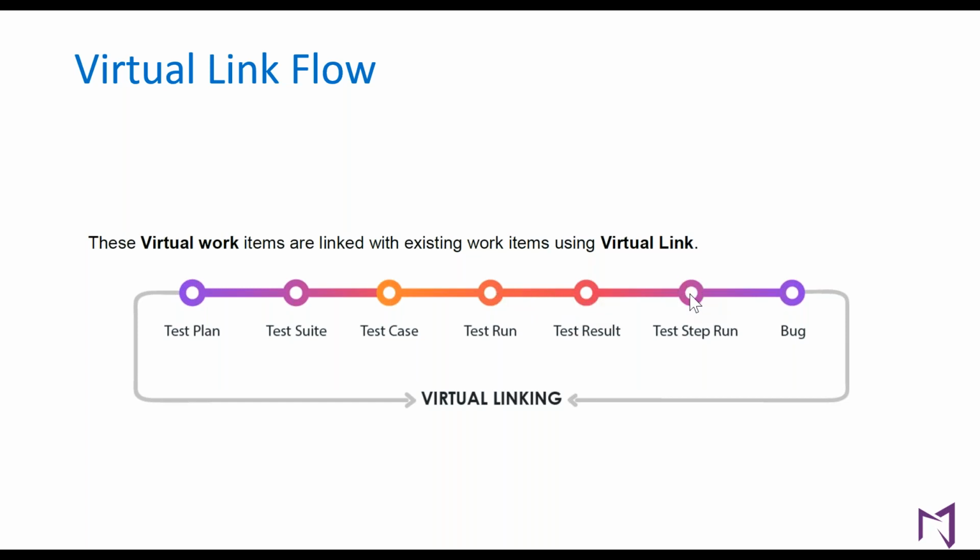Same thing with test steps, virtual work items with virtual links. And of course, the bug work item does exist, but this link is a virtual link that we have created. So it's really connecting the whole thing. Now you can see end-to-end traceability all the way from your test plan to the test step result, or even bugs that you created within test execution.